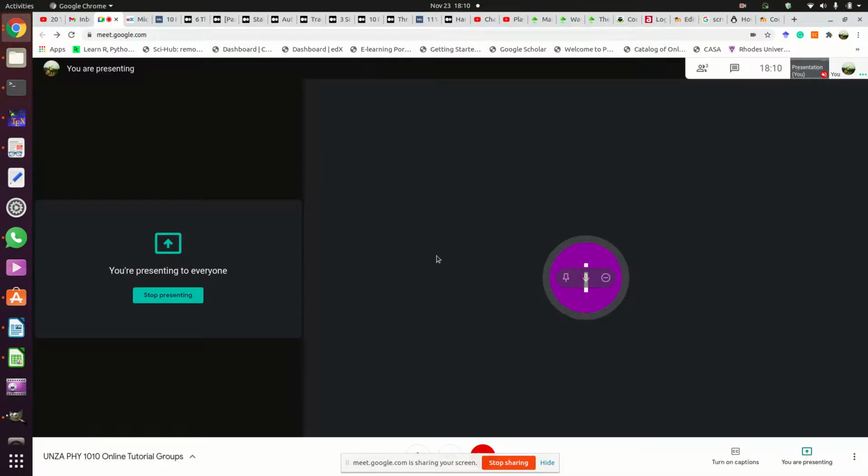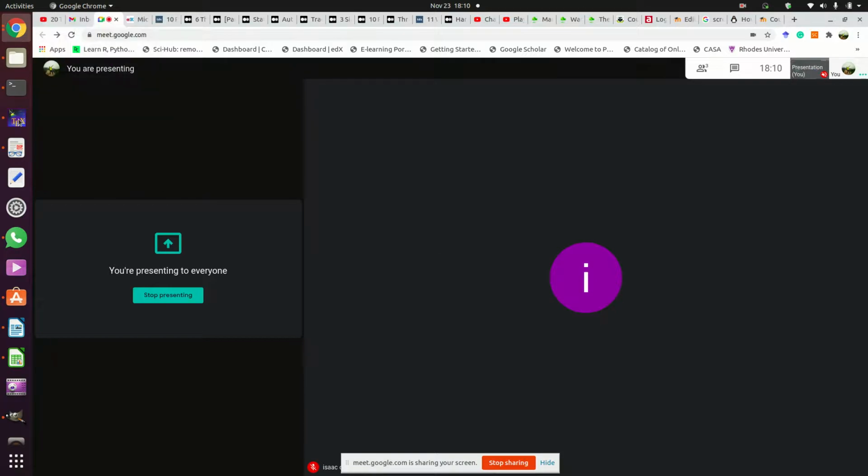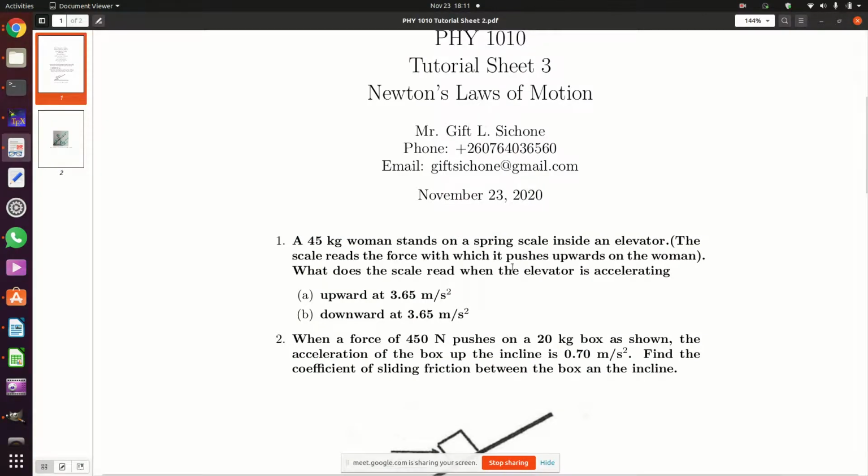So the scale is pushing on the woman. There is a force which the woman is exerting on the scale, and a force which the scale is exerting on the woman. There are two forces. The force the woman is exerting on the scale, that is her weight. The force which the scale is exerting on the woman, that is the reaction of the scale on the woman.